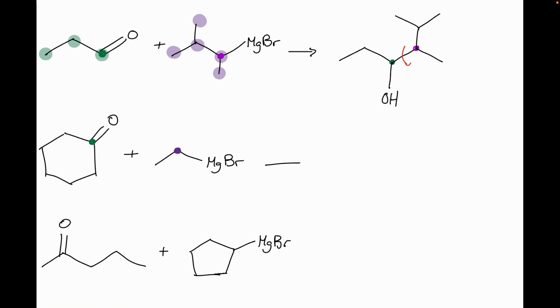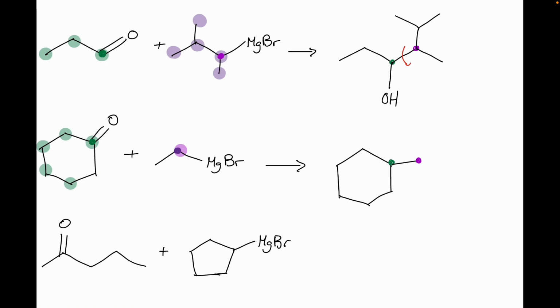So again, let's start by drawing these, in this case, this ring. All right, and this carbon here has that new bond. So on the other side of that bond has to be that purple carbon, right? Because that's my new bond there. So then I'm just going to include that other one.